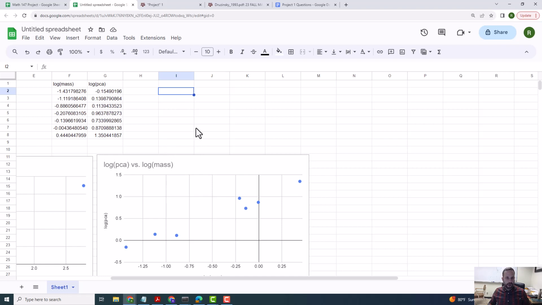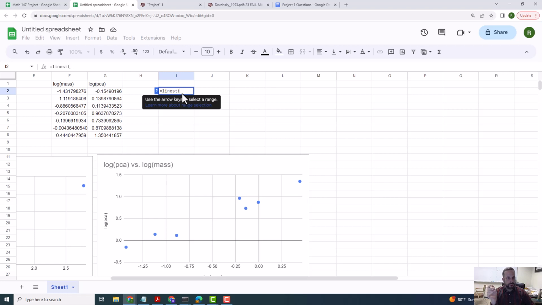It's linear regression. And so what I'm going to do is pick this cell here, and I'm going to say equals LINEST, so that's linear estimation, best fit linear trend via least squares. The first thing I'm going to write is the column of data corresponding to the output. So the output variable is going to be the log of the PCA, the log of the jaw musculature.